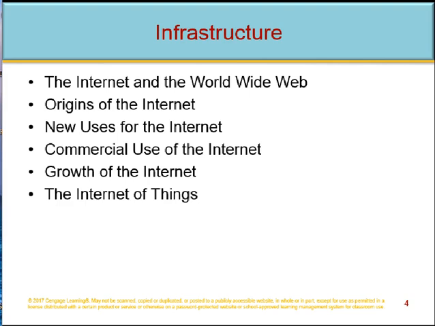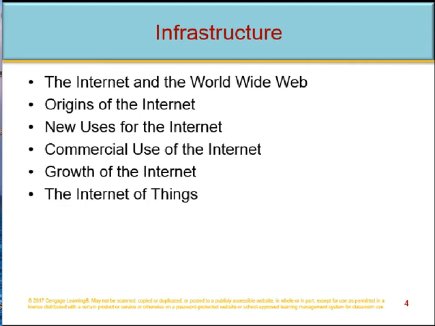Computer networks are any technology allowing people to connect computers to each other, and that is the basis of the Internet and the World Wide Web. Internet with a small i is a group of interconnected computer networks.